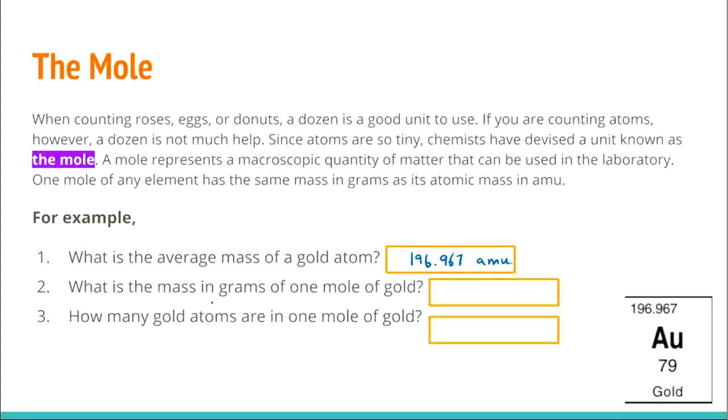And when we say 1 mole of gold, remember that we're talking about 6.02 times 10 to the 23 atoms of gold. That is 1 mole. So the mass is actually the same thing as the average atomic mass, 196.967 grams of gold is equal to 1 mole of gold.